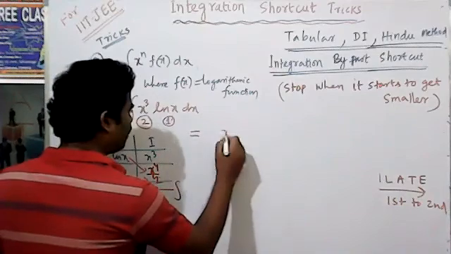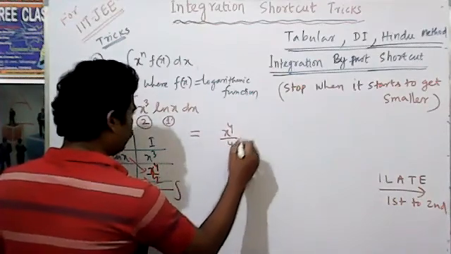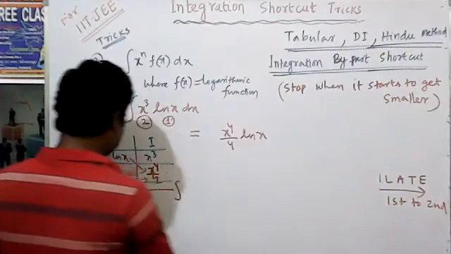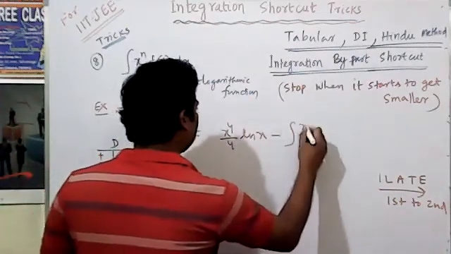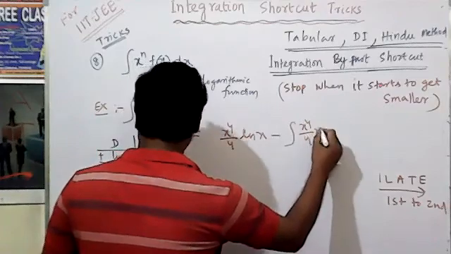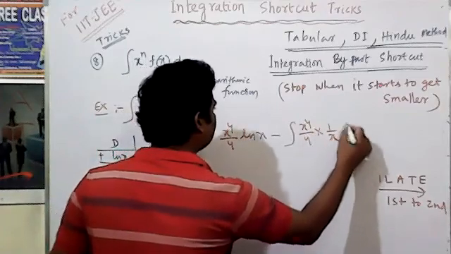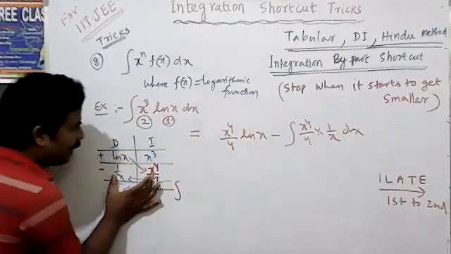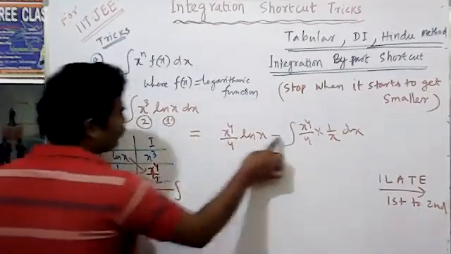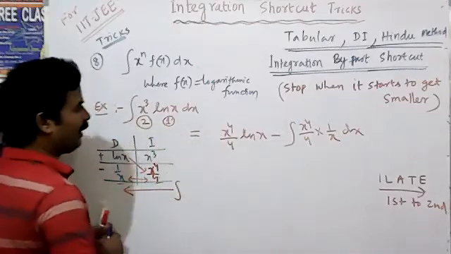ln x means x to the power 4 ln x. This is equal to minus integration x to the power 4 by 4 into 1 by x dx. This multiplication comes. So minus is there, so you have to carry it in minus.